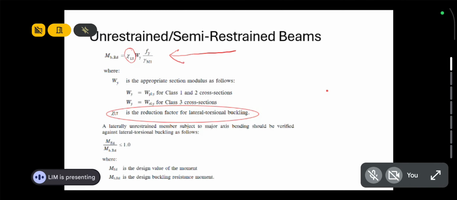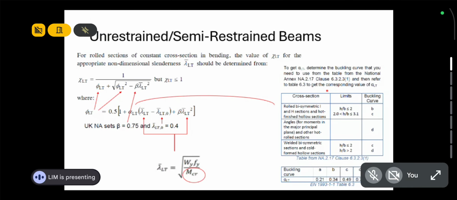Okay, so where does XLT come from? You need to go to the next slide. There, that's the formula for XLT, the one that I just circled.